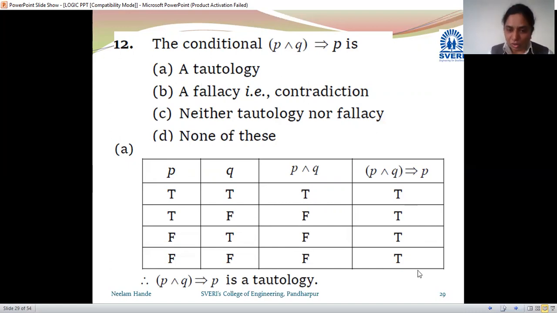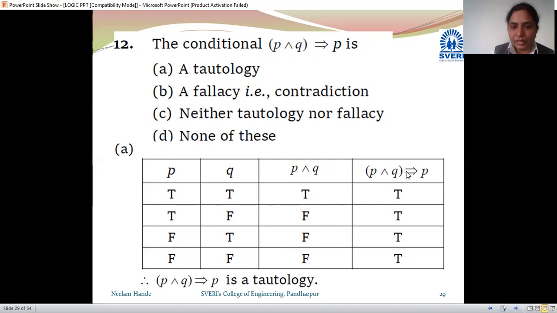If it has all false, then it is a contradiction. And if it is a combination of true and false, then it is neither a tautology nor a contradiction. Check once: for P and Q, we know P is TTFF and Q is TFTF. Then next we need P and Q. The and table is true only when both are true, all others are false.